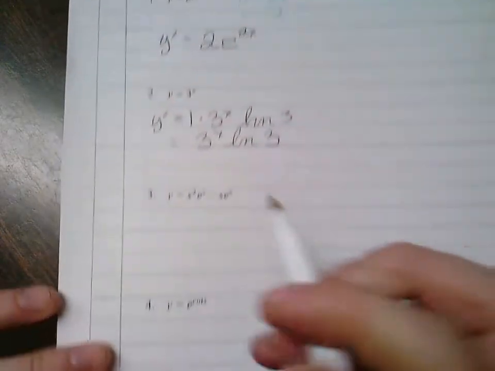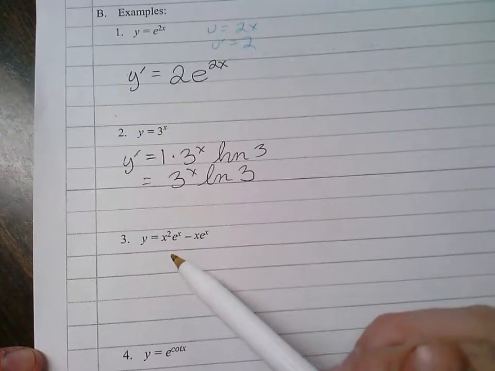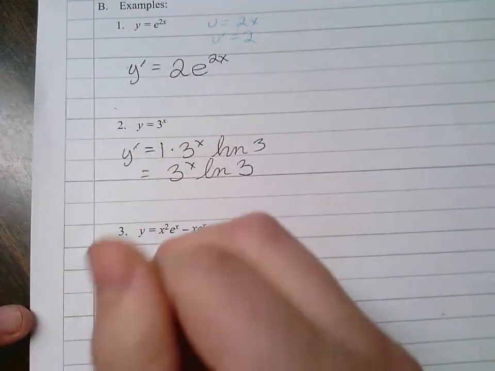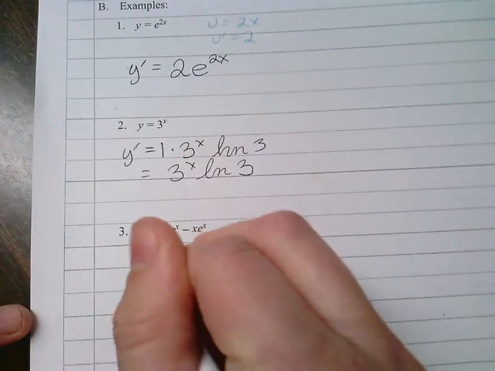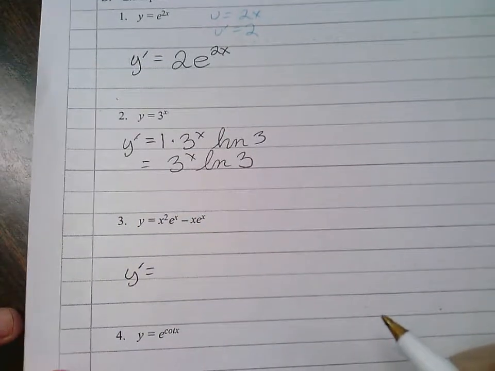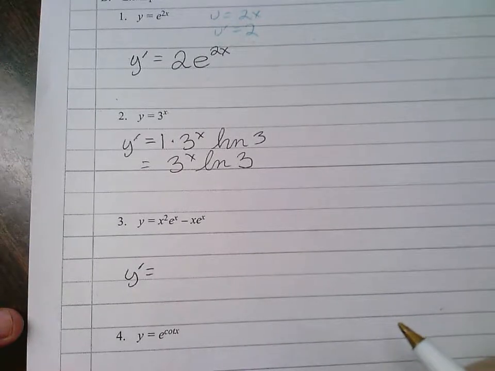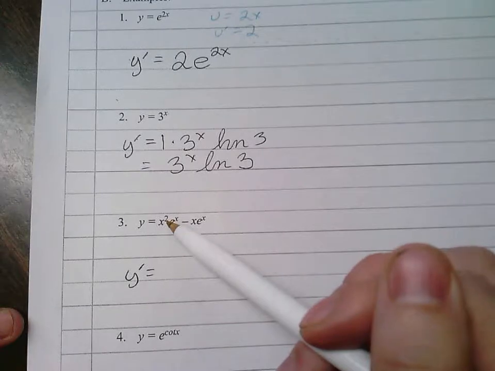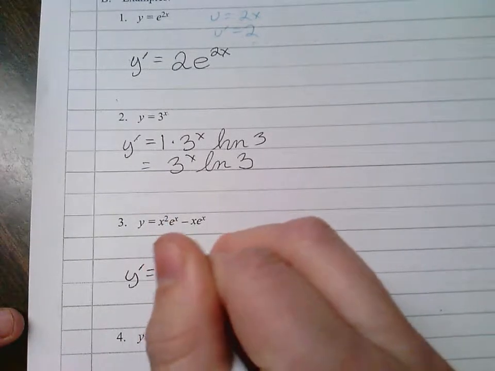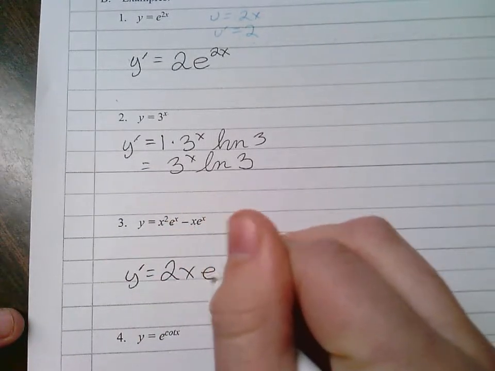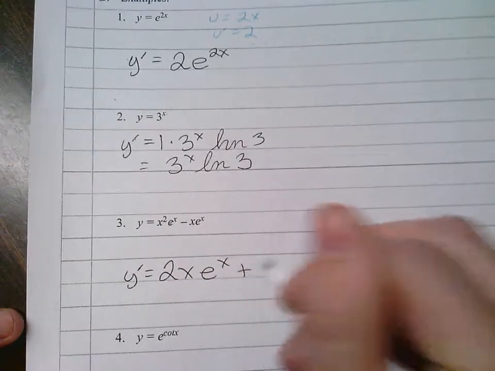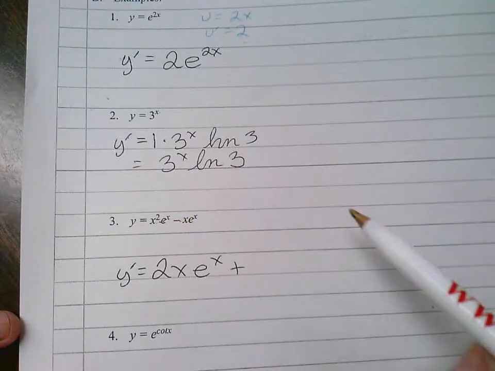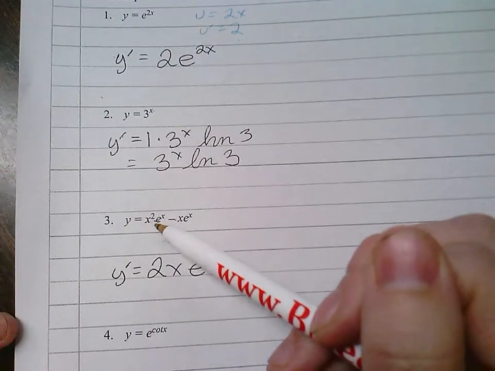Next example, we're going to be using the product rule. So y prime. The product rule is f prime of g plus g prime of f. So f prime is going to be 2x. g is just e to the x, plus g prime of f.